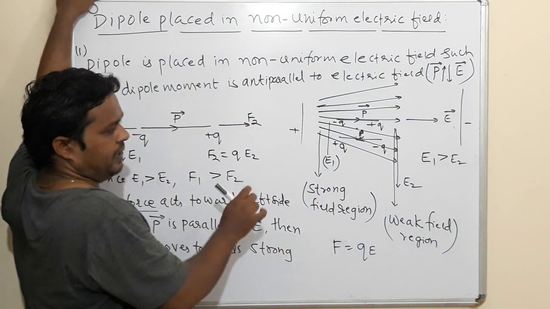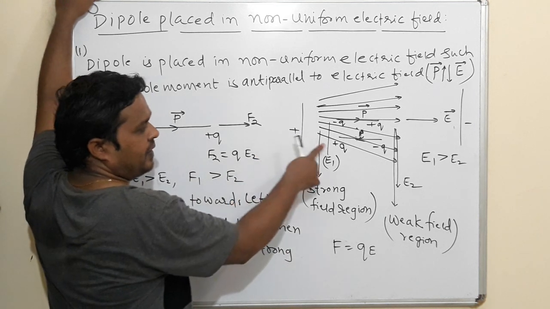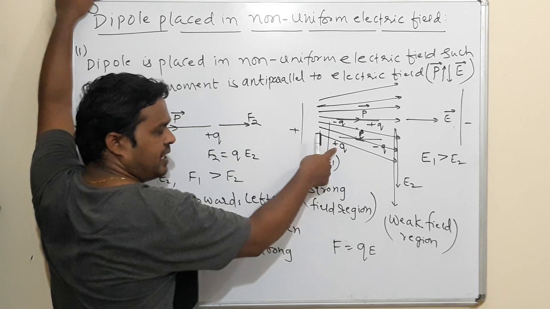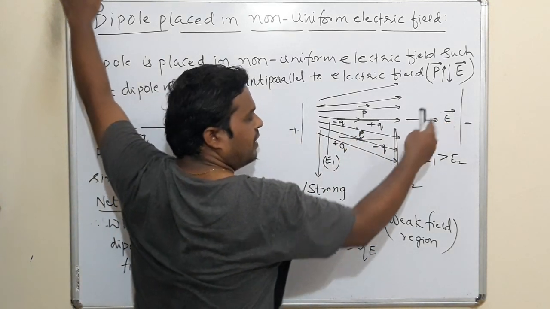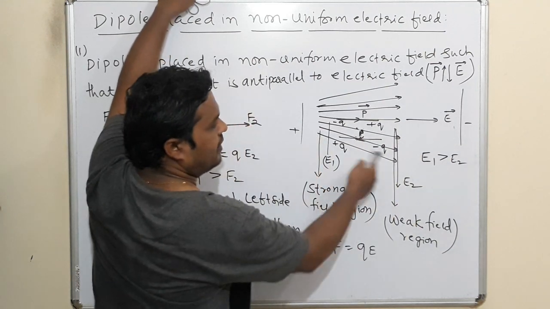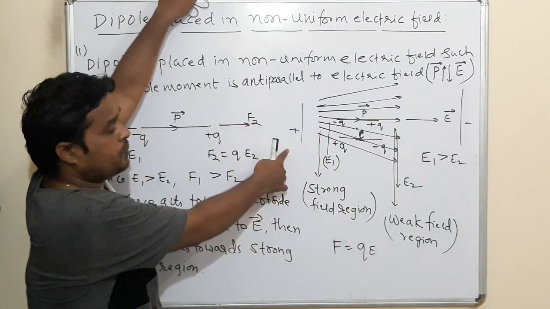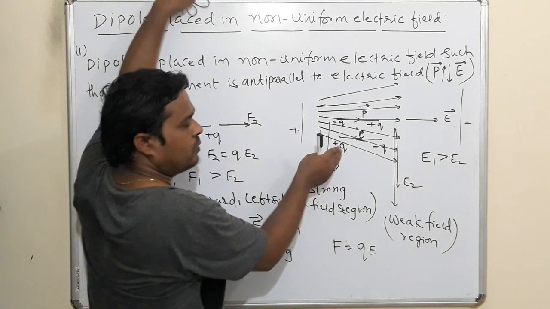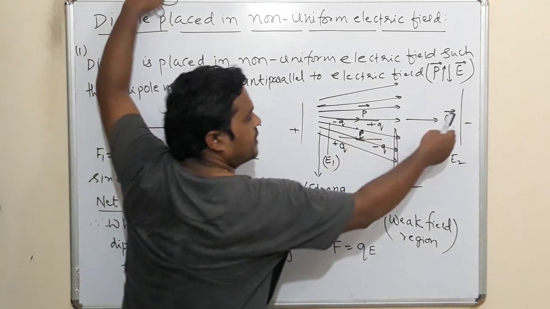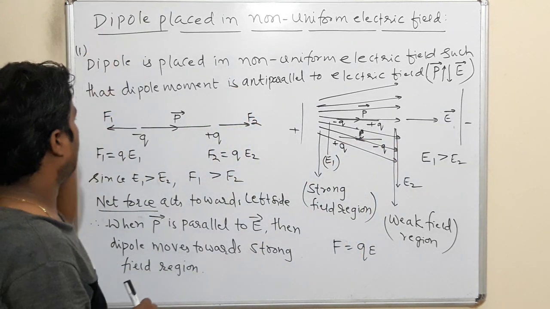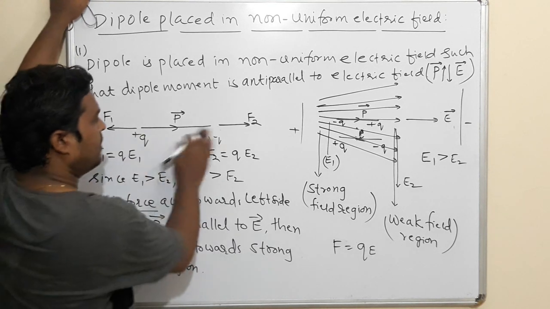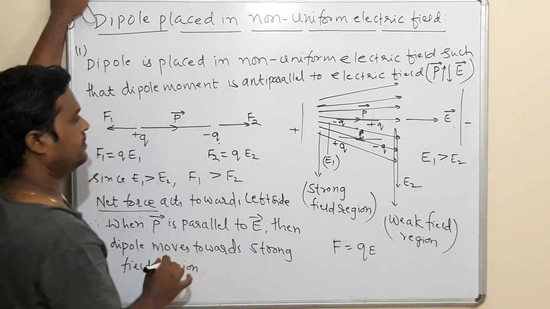Now see, if this is plus, then an F1 force will act on this charge in this direction and an F2 force will act on this charge in this direction. The negative charge will be pulled towards the positive plate, the positive charge will be pulled towards the negative plate. This is F1 force, this is F2 force. Now I make this plus and this minus.